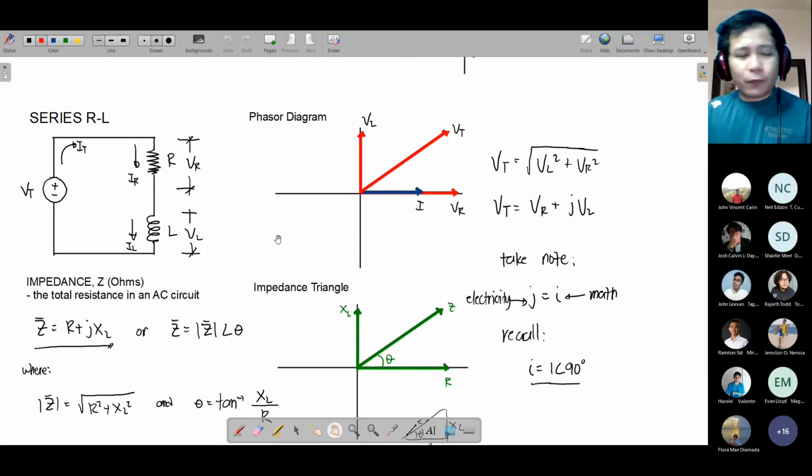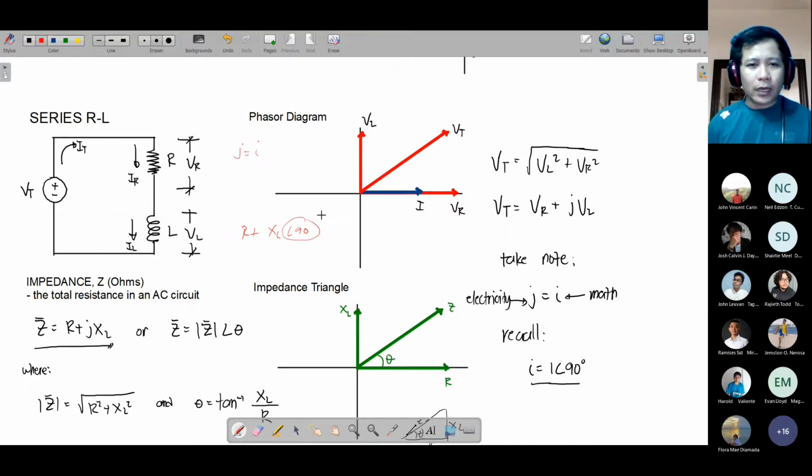So in terms of vectorial addition, it should be R plus XL angle 90. That's how it should be. But so that we don't have to write it that way, take note that your J, or your imaginary, means 1 angle 90. The imaginary J means 1 angle 90. Now, if your J is 1 angle 90, we just attach it to XL so that XL is automatically at angle 90. So that's why we just put J. Okay? So it becomes R plus JXL.